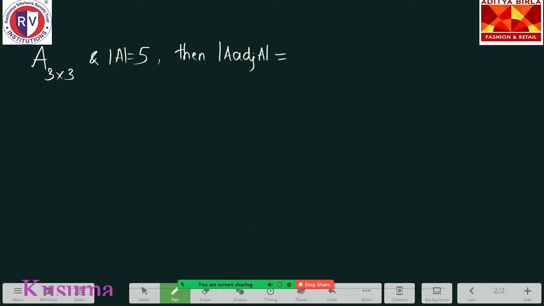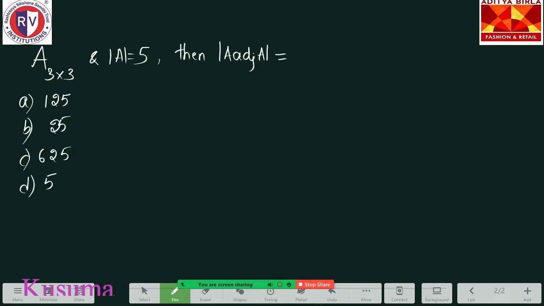You have to find out the determinant of A into adjoint of A. The options given are option A 125, option B 25, option C is 625, and option D is 5.